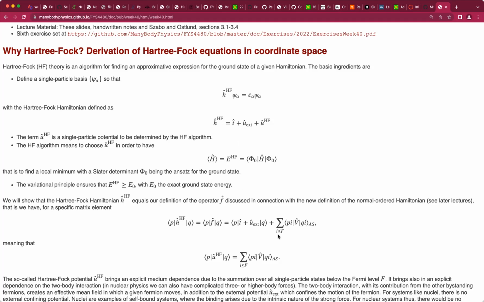In this case, the way you can read this is that every single particle sees a field which is set up by the particles below the Fermi level. And clearly it cannot interact with itself. In the case when this i is equal to one of these p's and q's, then the contribution from the anti-symmetrized matrix elements is exactly equal to 0.